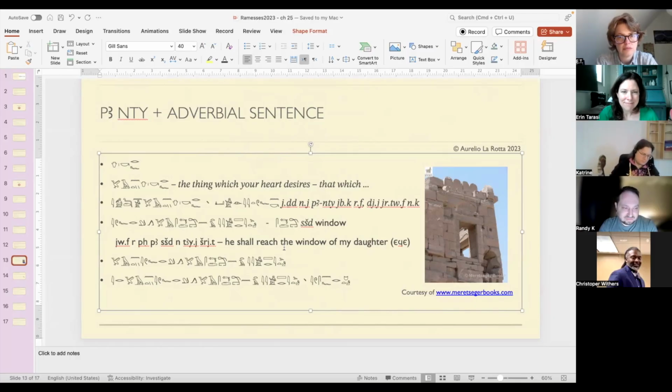Of course, the thing is 60 cubits up in the air, so good luck with that. But that's how the fairy tale goes. And of course, as you can imagine, our prince will somehow manage to get up there. But that's the basic sentence. It's a future three. He shall reach the window of my daughter.